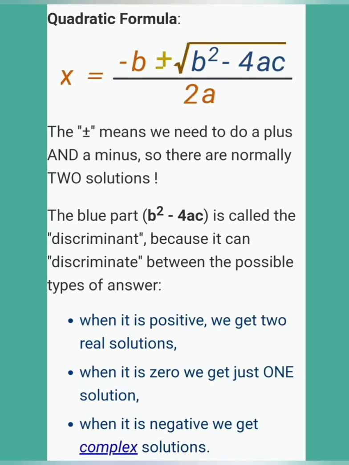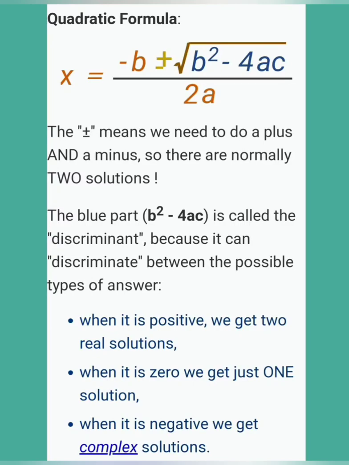Now let us see in this session the quadratic formula, properties, and some tricks using this quadratic formula to get the solution for the quadratic equations. Consider x is equal to minus b plus or minus square root of b square minus 4ac divided by 2a.